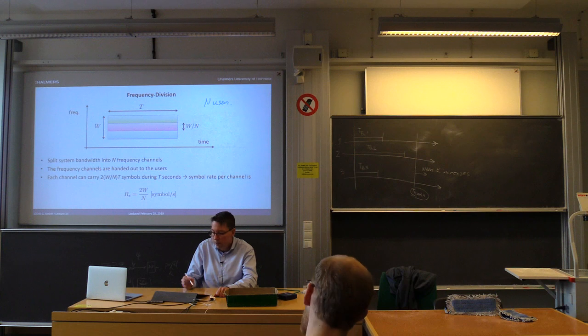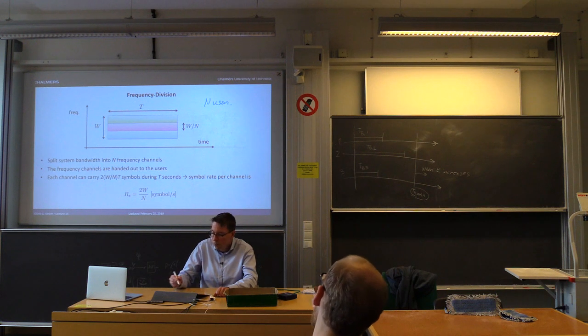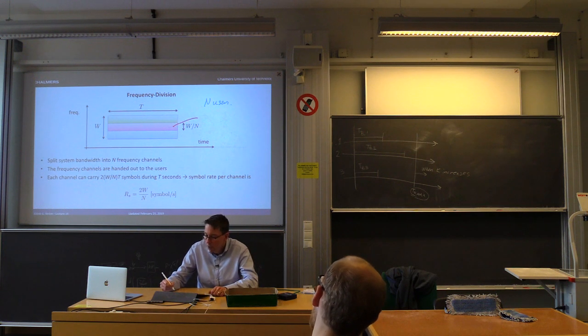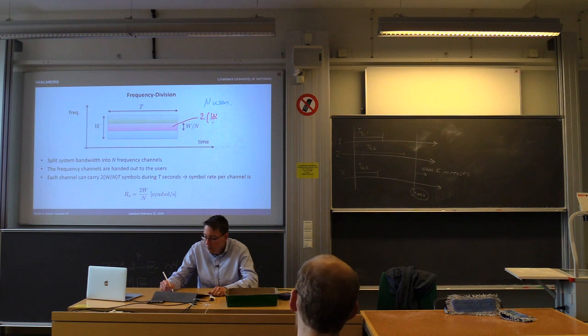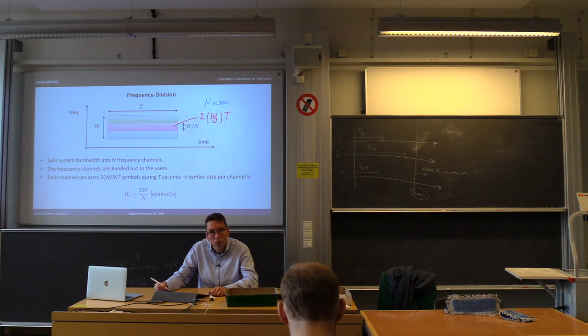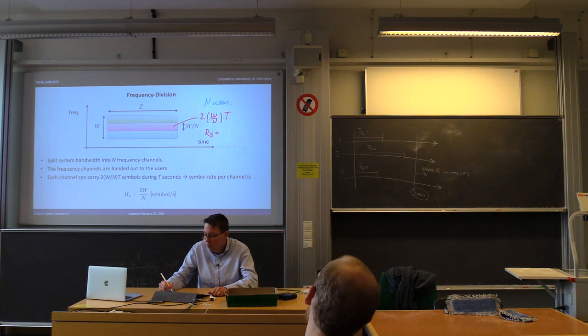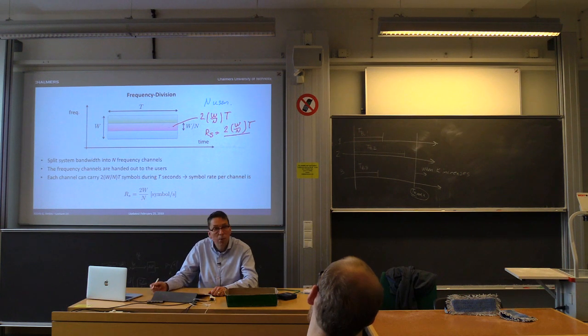Okay, so let's do this. How many symbols can we carry here? Well, it's 2 times the bandwidth, which is W divided by n, times t symbols. These are the number of symbols I can transmit in t seconds. So the symbol rate is the number of symbols I can transmit, divided by the time it takes to transmit them, which is t.